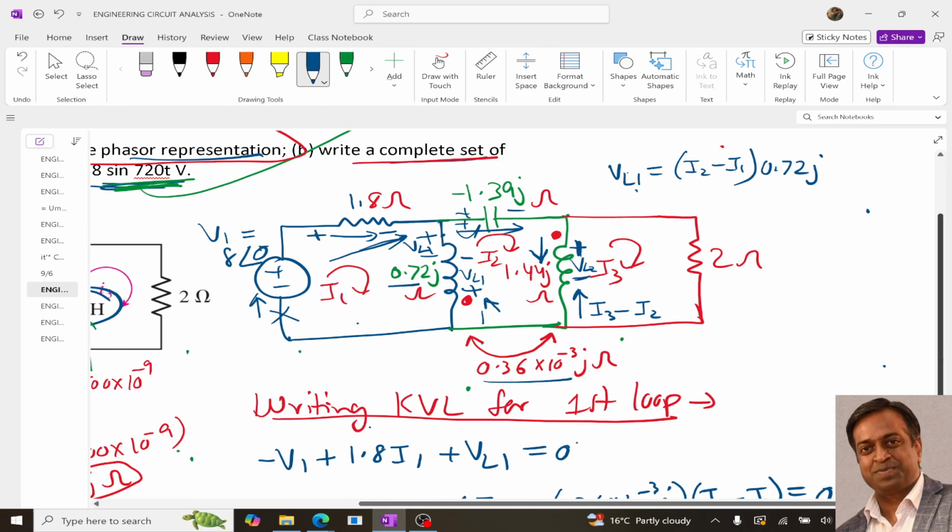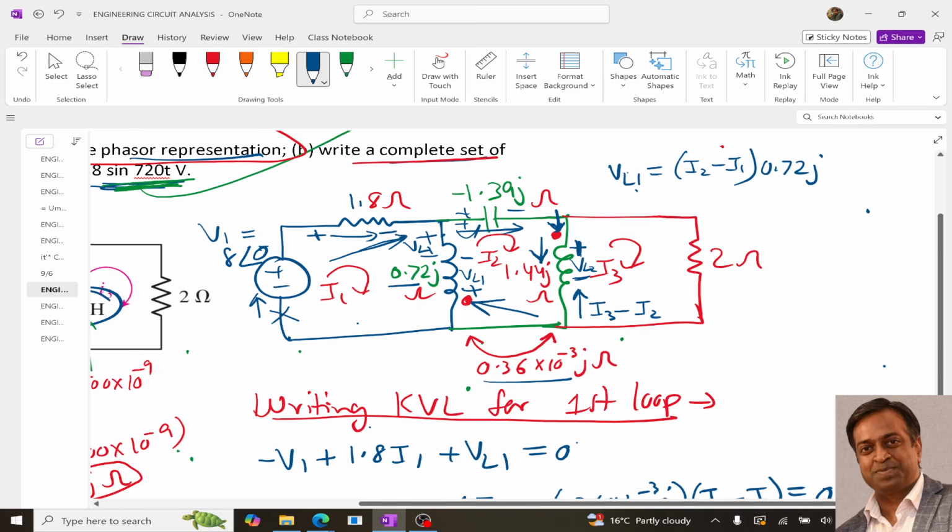Now coming to the mutual inductance. To have a positive terminal at this dot, the current should enter through this second dot.